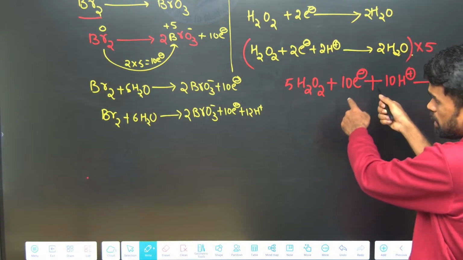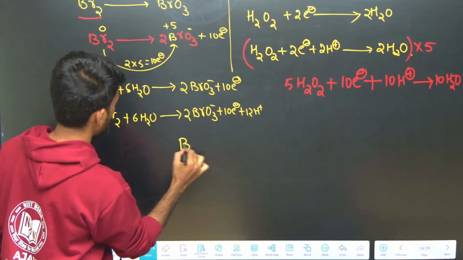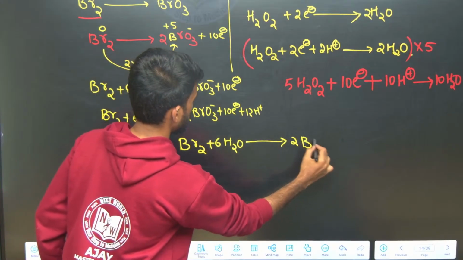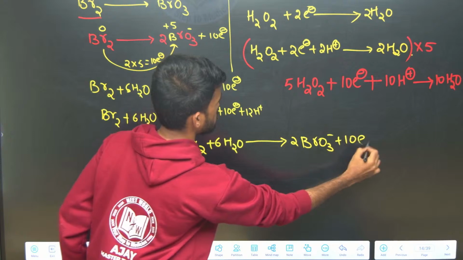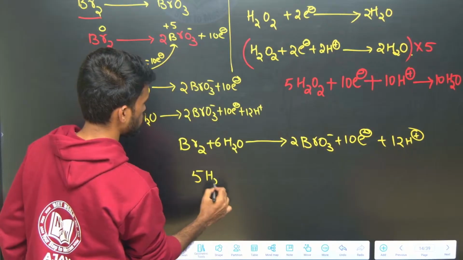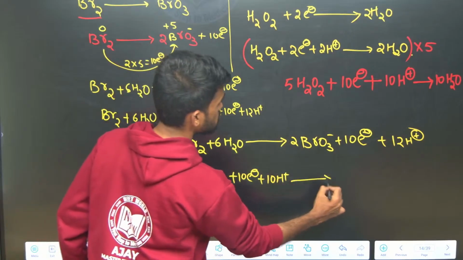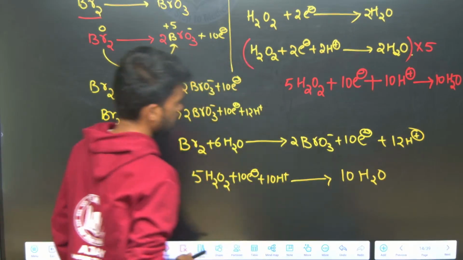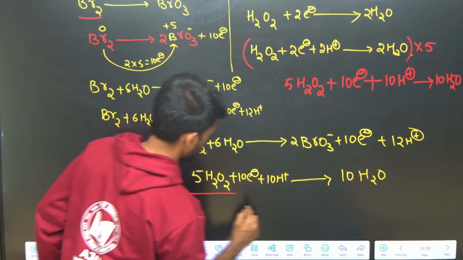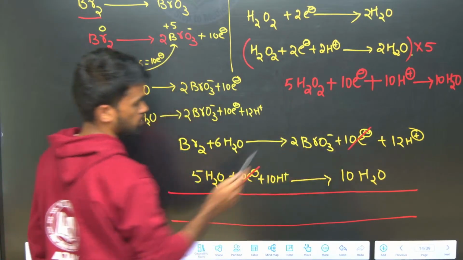After getting this, add both equations, the oxidation half and the reduction half: Br2 plus 6 H2O gives 2 BrO3 minus plus 10 electrons plus 12 H plus, and here 5 H2O2 plus 10 electrons plus 10 H plus gives 10 H2O. Reactants have 10 electrons, products have 10 electrons, so removed.